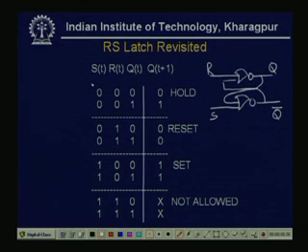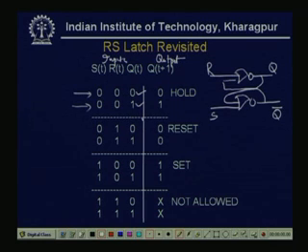So, this is at one instant of time, these are my inputs, and this is the output. Now, both S and R 0, 0, that time the present state can be 0 or 1.